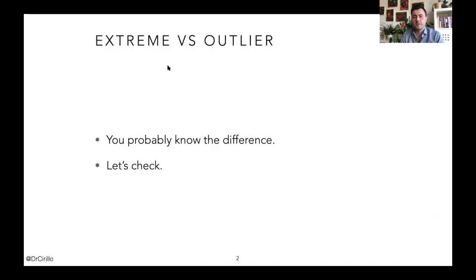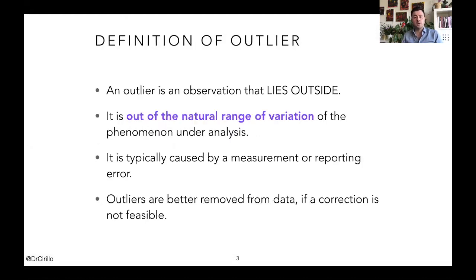I'm pretty sure that actually in your mind somewhere there is the distinction between an extreme and an outlier, but I also believe that it's important to clarify that because, at least for us in extreme value theory, it will be a fundamental distinction. Okay, so what is an outlier? I think that the best way to describe what an outlier is is just to look at the word itself. Outlier.